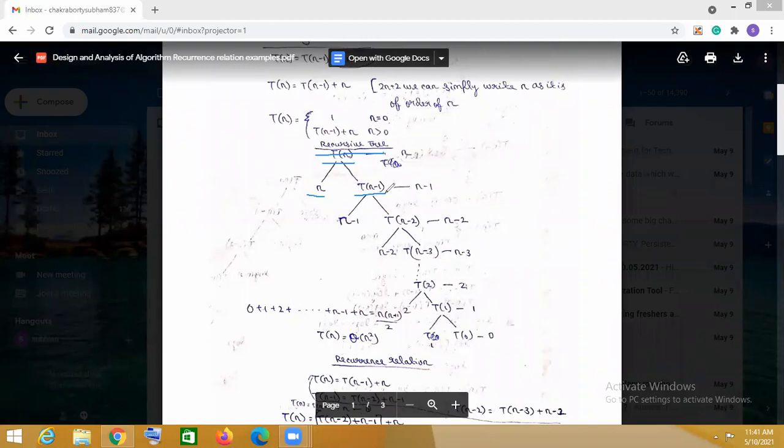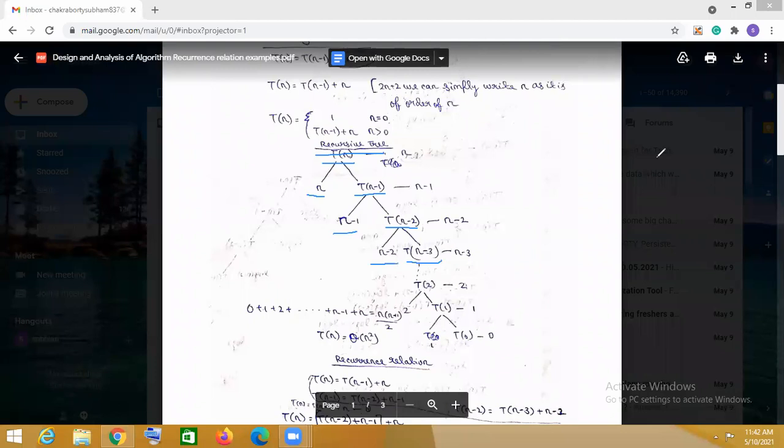When it takes n minus 1, it will first print n minus 1, then execute itself again, so Tn minus 2. After Tn minus 2, it will print n minus 2 first and call itself again. That's how the recurrence relation will go on.